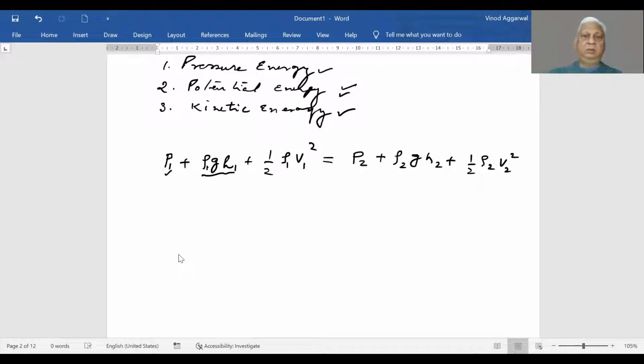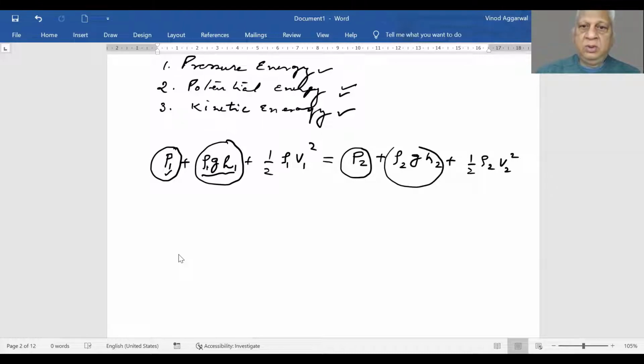Now, if you see, let us say pressure at the 2 points are the same, and their elevations are also the same, h1 is equal to h2, and there is no change in density. Then what happens is, our P1 minus P2 becomes what?